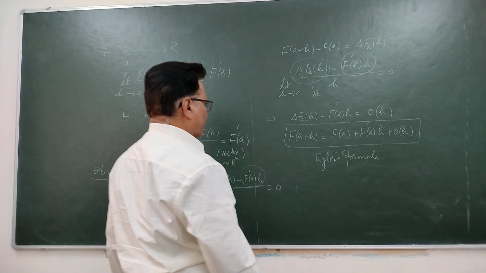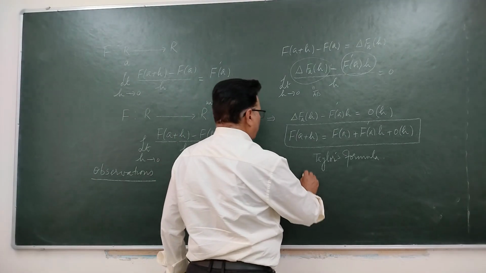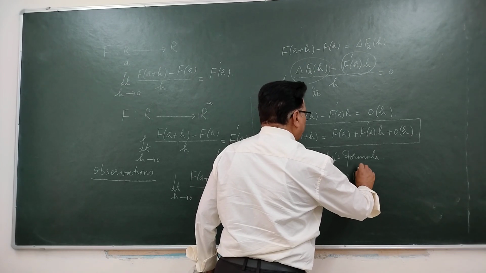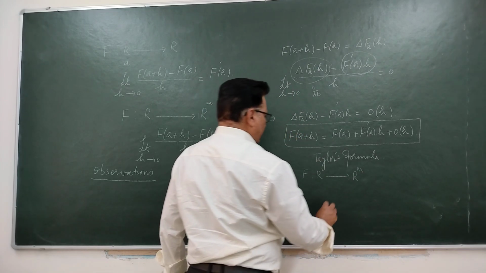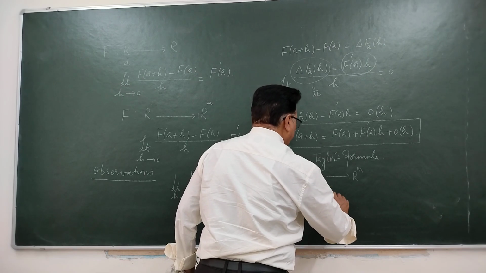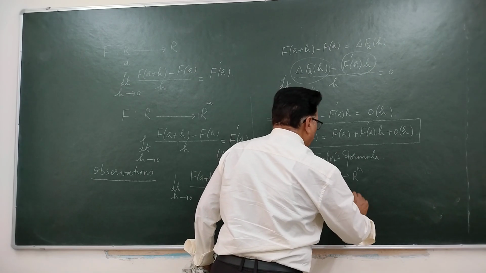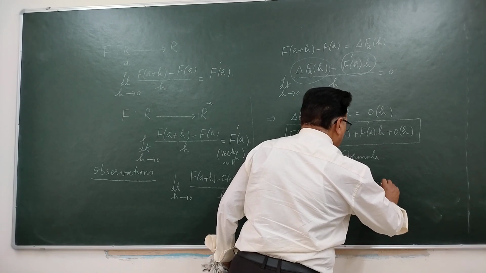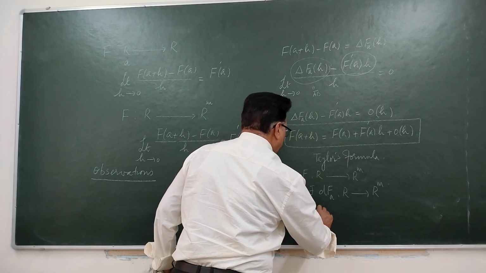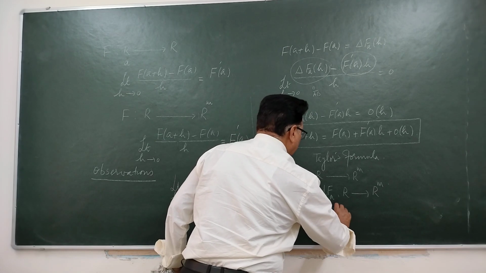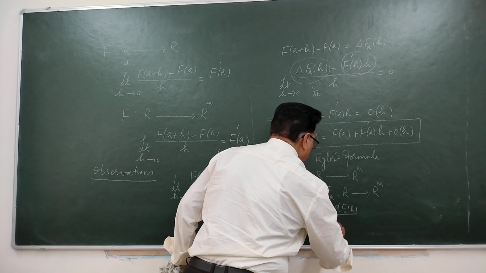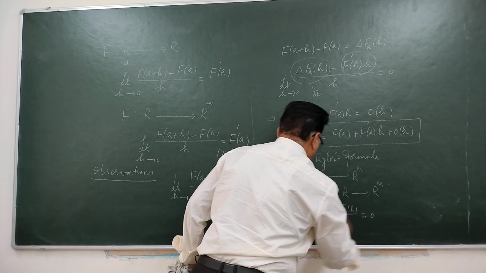I will say that a function f from R to Rm is differentiable at a point a if there exists a linear map, which we denote by dfa from R to Rm, such that the difference between the nonlinear change and the linear change goes to 0 faster than h.